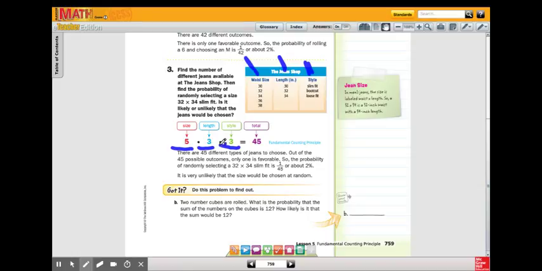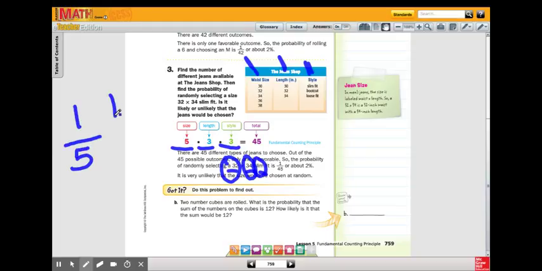And then you have to look and see about the probability. And so they're saying a 32 by 34 slim fit. So when you get 32 by 34, that means 32 is the waist, 34 is the length, and then slim is the style. So there's only one 32 out of the 5.